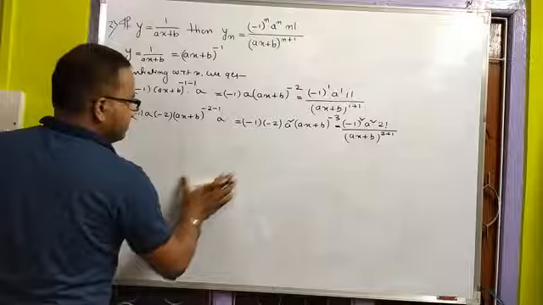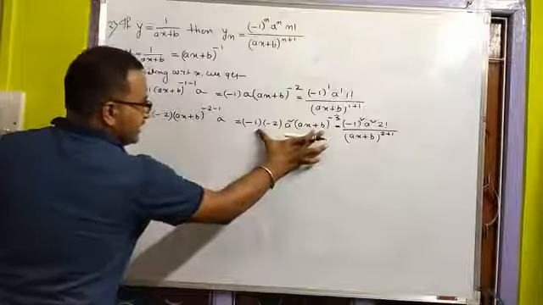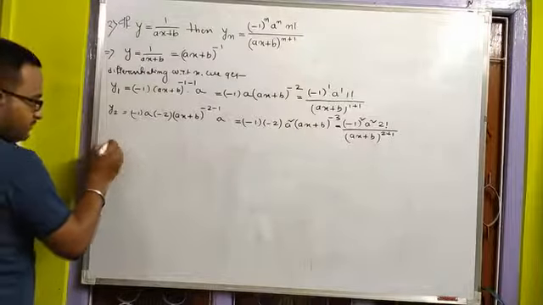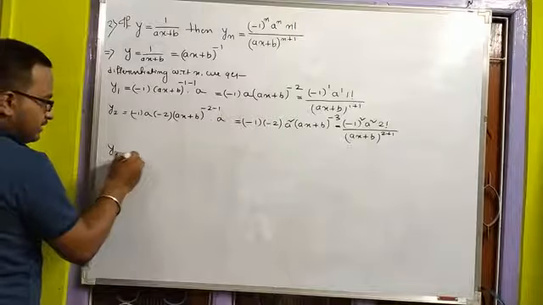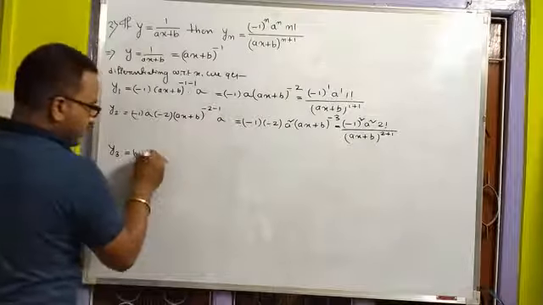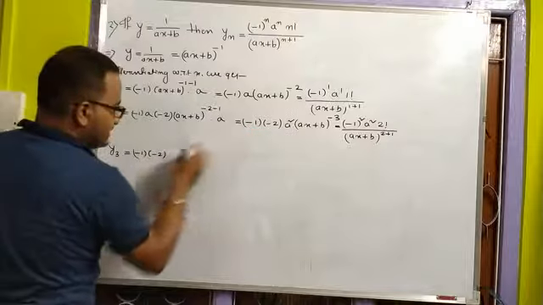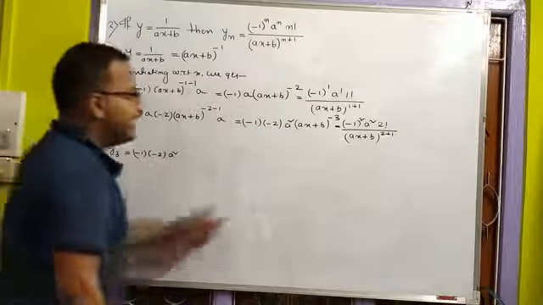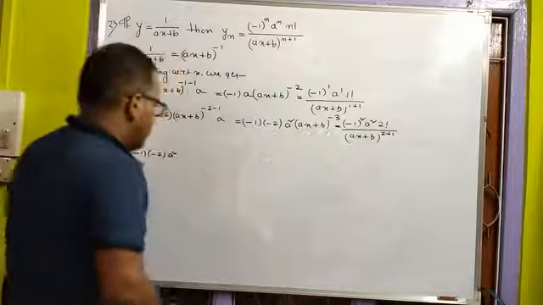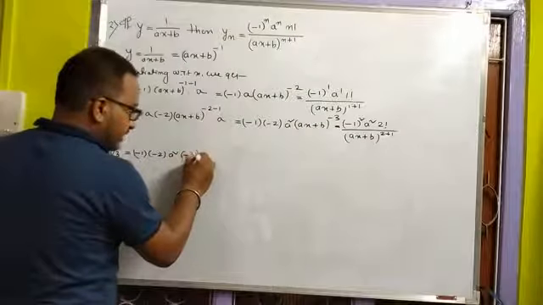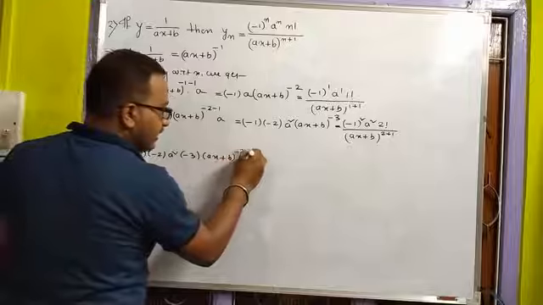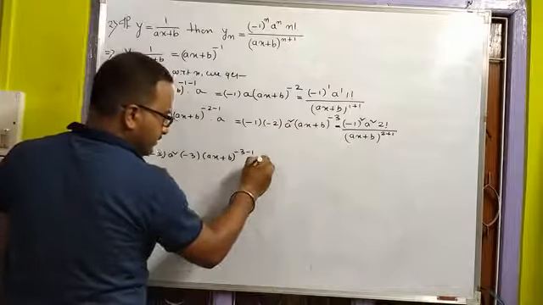Similarly, you can differentiate this quantity again. Then we will have minus 1, then minus 2, then a squared, and again it will be of x to the power n form. So it will be minus 3, ax plus b whole thing to the power minus 3 minus 1, into a.